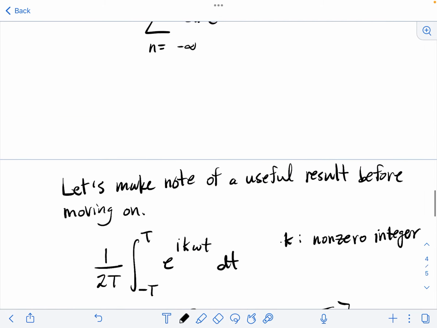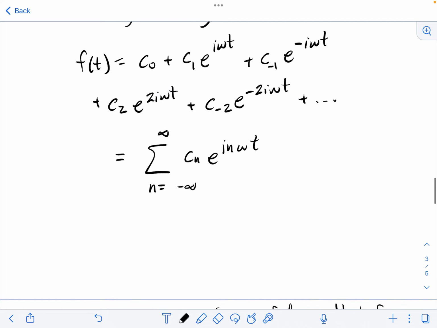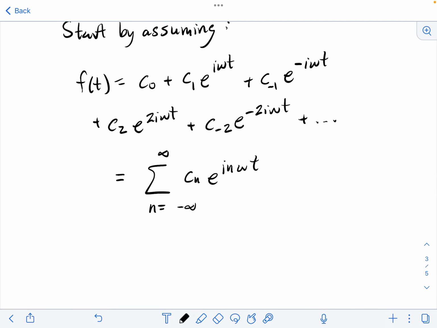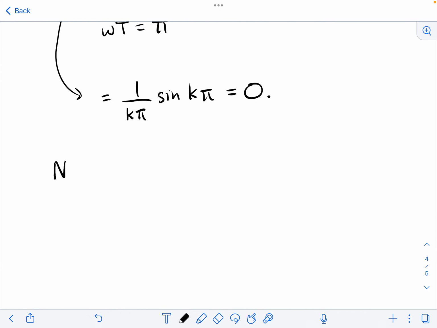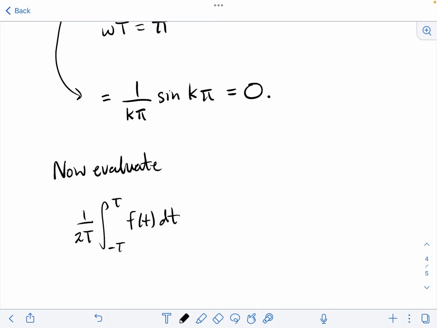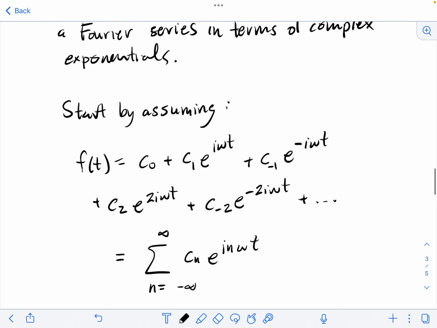All right, so let's now evaluate the integral from minus T to T of 1 over 2T of f of t dt. So what's that going to equal? We'll go back to our assumed series of complex exponentials.